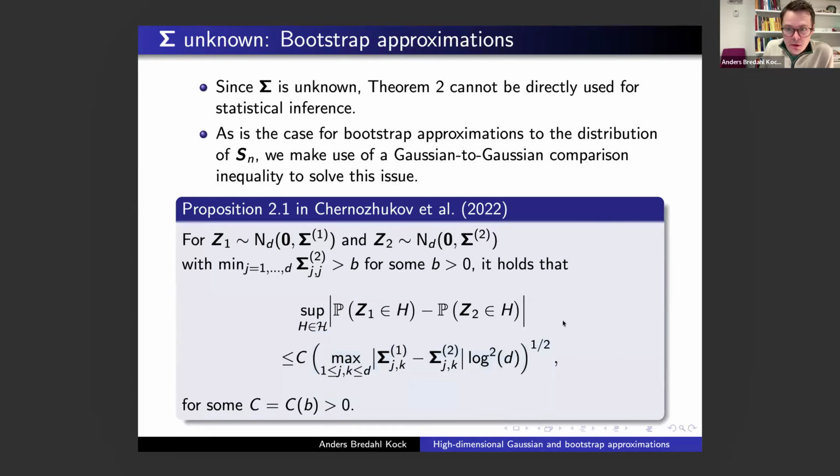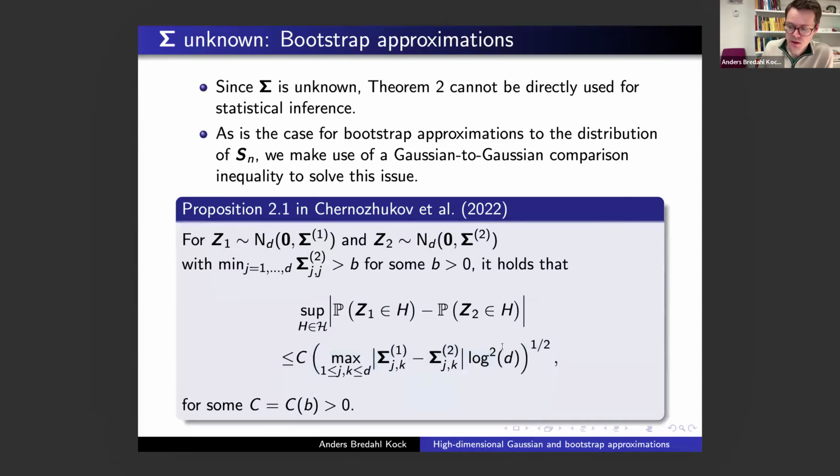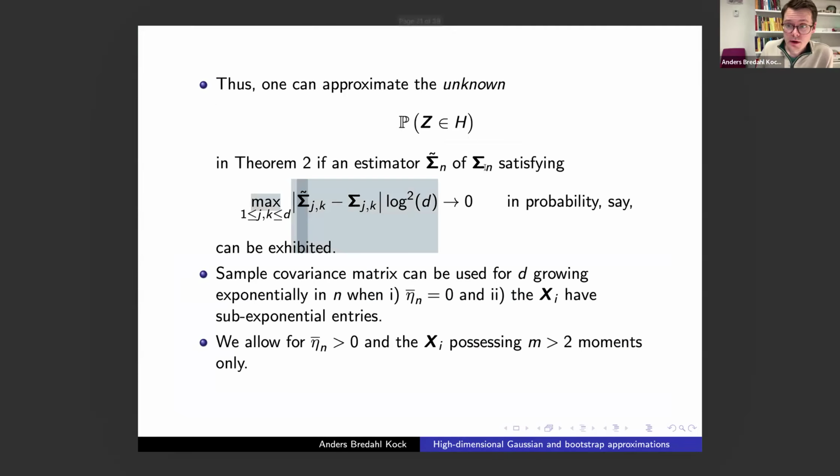That is to say, I try to make that more precise on the next slide. So we can exhibit an estimator, sigma n tilde, say, of sigma n, satisfying that the error in the maximum entry-wise distance multiplied by log d to the power 2 tends to 0. Why log d to the power 2? Because it enters here. If this tends to 0, then instead of sampling from this infeasible normal distribution with a mean of 0 and an unknown covariance matrix, I can condition on the data and sample from a normal distribution with a mean of 0 and this variance-covariance matrix.